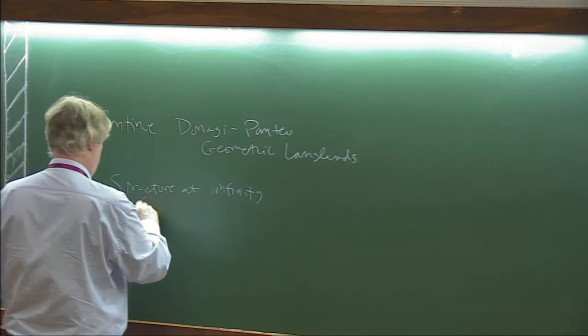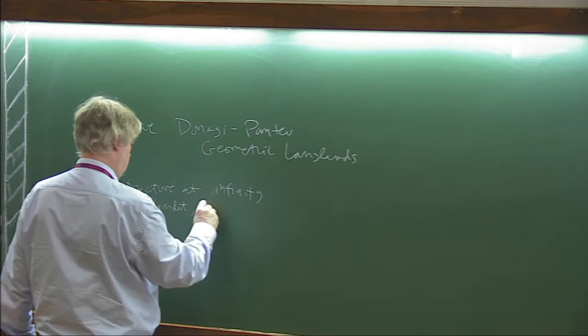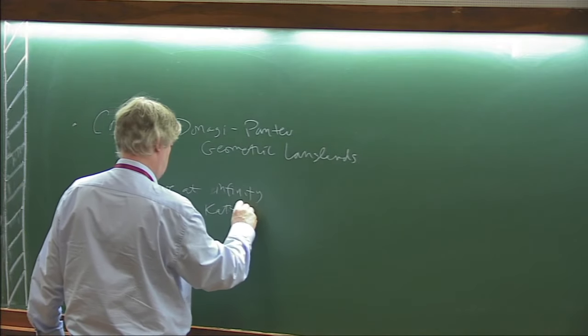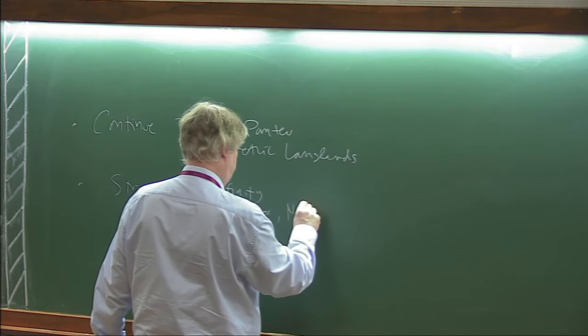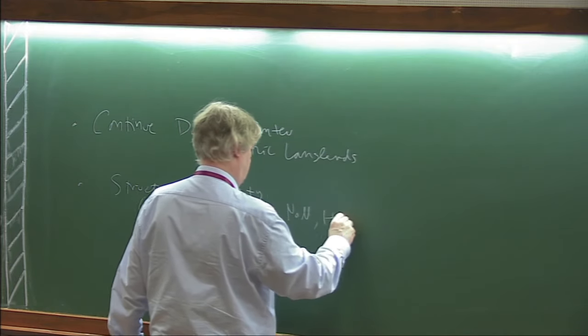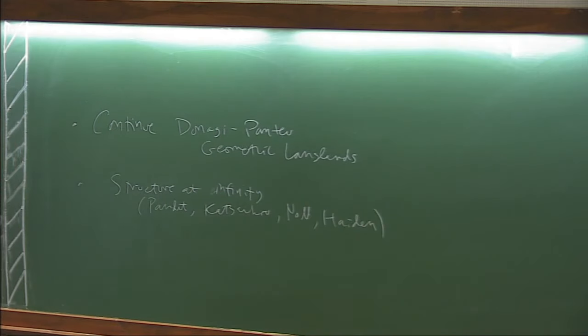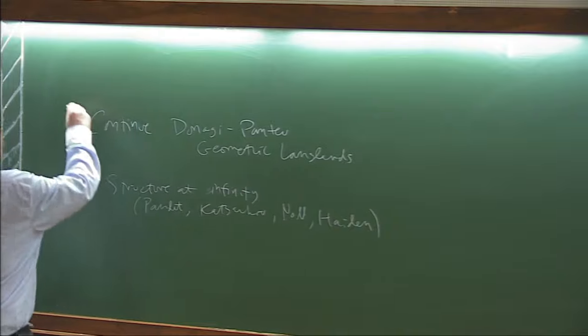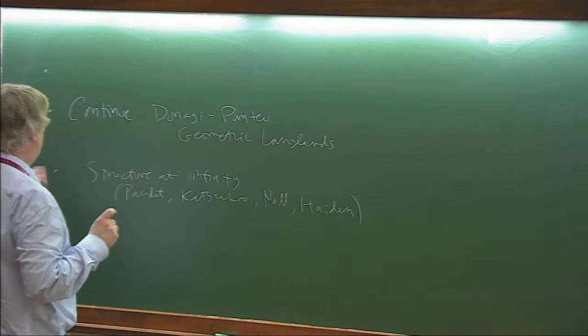This is my work with Pranav, Lima, Kapustin, Alex Knoll at the start, and then Fabian Haiden more recently. Before that, let me take the opportunity to discuss an important aspect here, which is common to the two.